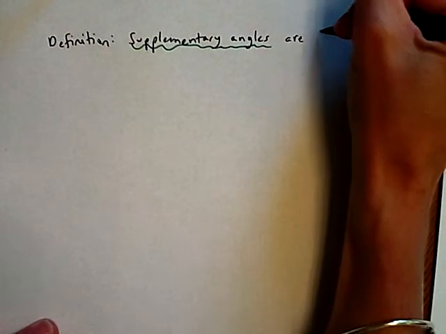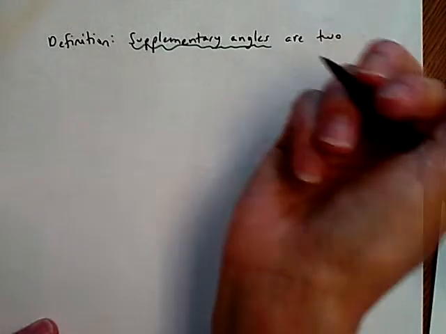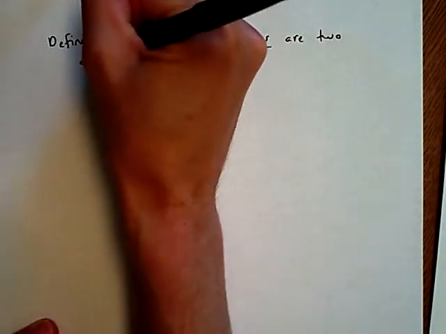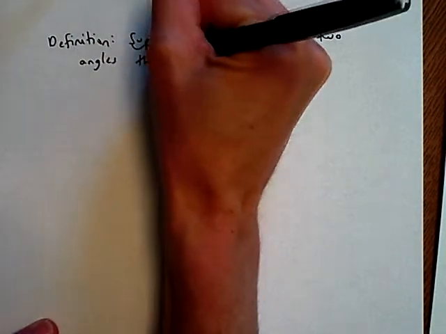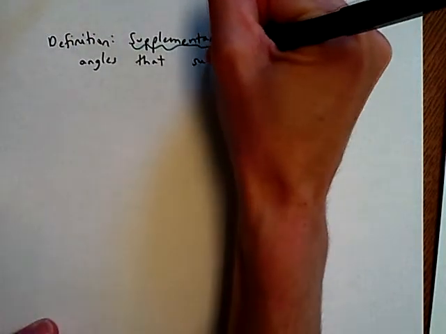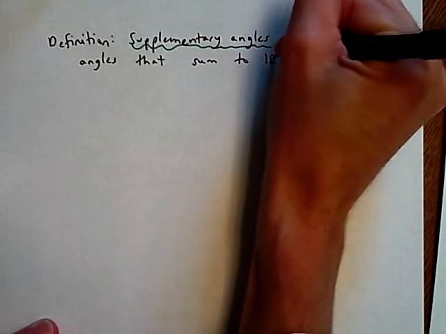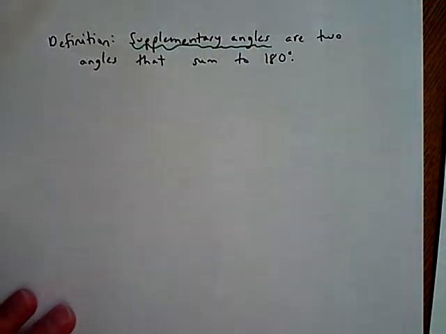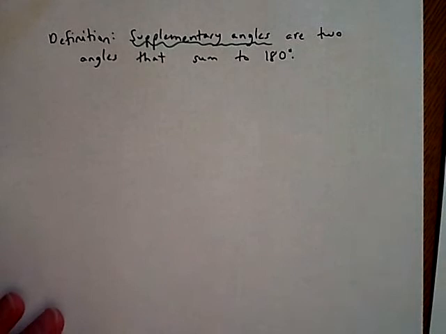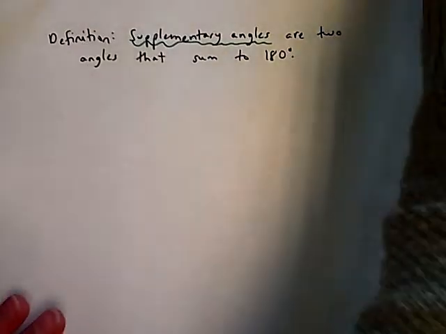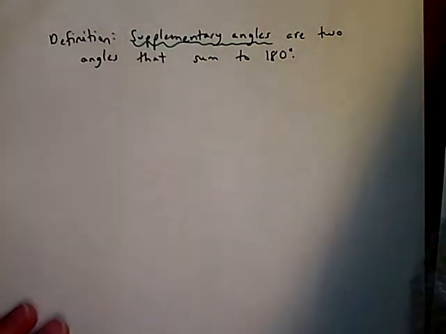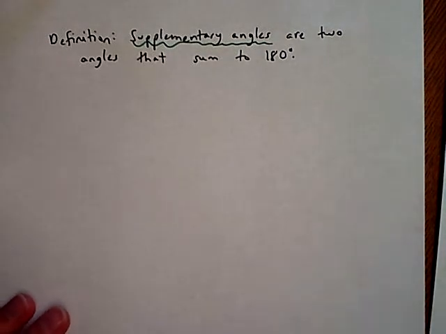But again, it's two angles, not more than that. So supplementary angles are two angles that sum to 180. They don't have to be adjacent. If they are adjacent, they're called a linear pair. They just have to have measures that sum to 180.